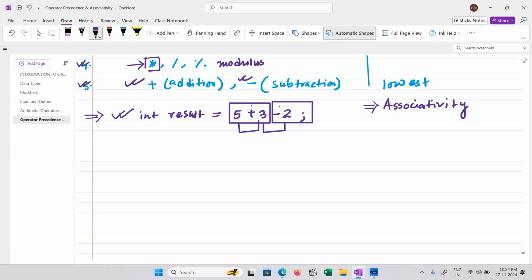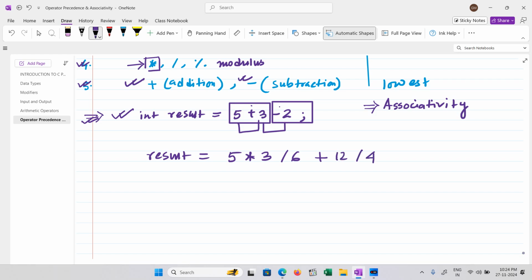For an example, you can refer to this, or take another example. Suppose we want to calculate result equal to 5 multiplied by 3 divided by 6, and again plus 12 and then again divide by 4.